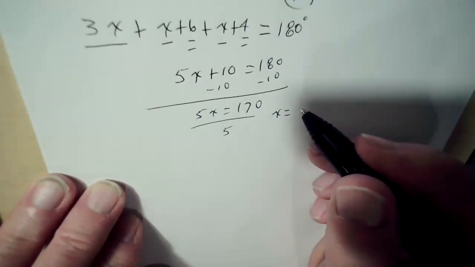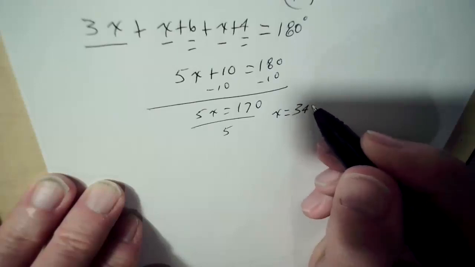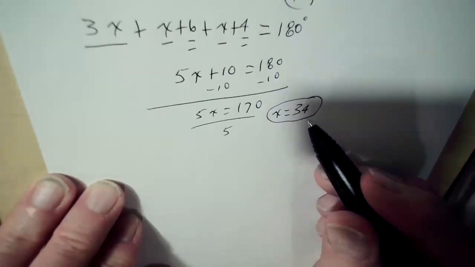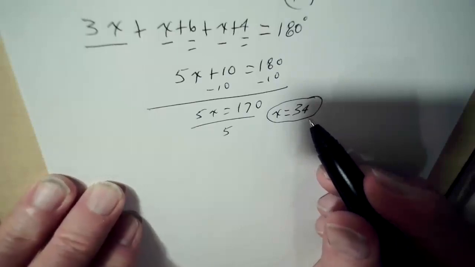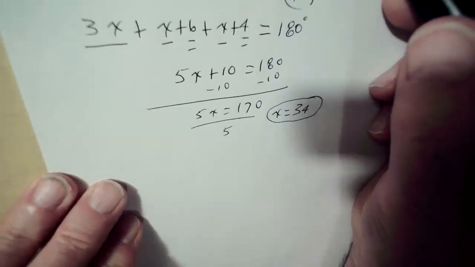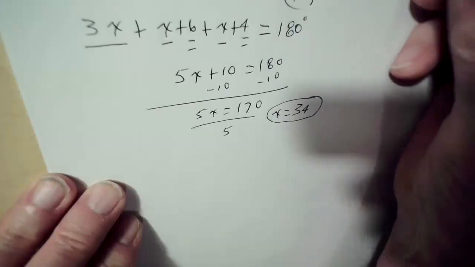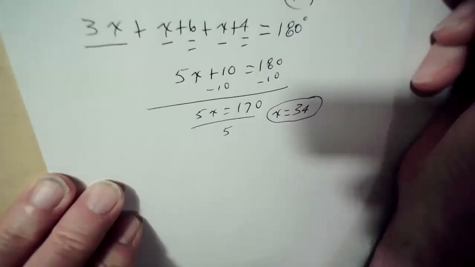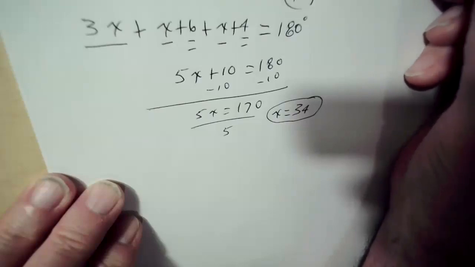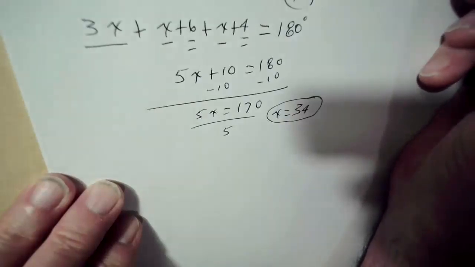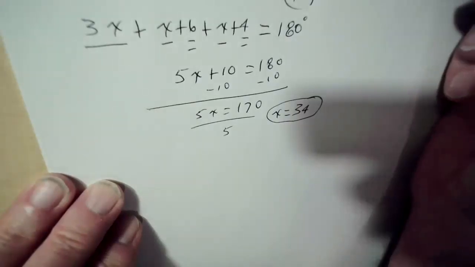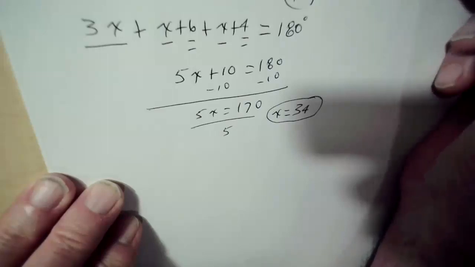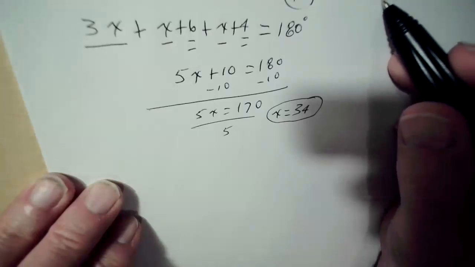X is 34, I think. Come on, stupid, think. 34. Now, is this our answer? No. We want the measure of each angle. So this is 3 times 34, which is 102 degrees.